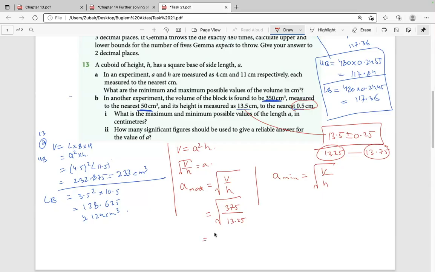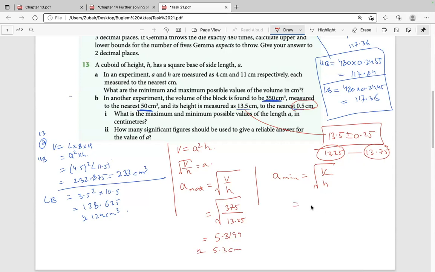So the square root of 375 by 13.25, and I'm getting 5.3199, approximately equal to 5.3 centimeters.